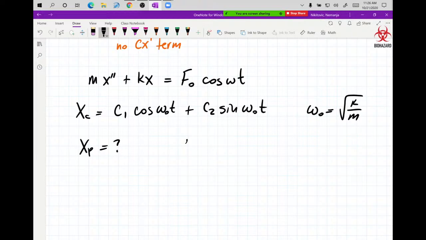There we go. It's x because that's the unknown function, right? X as a function of t. So we need also the xp because our solution is xc plus xp.